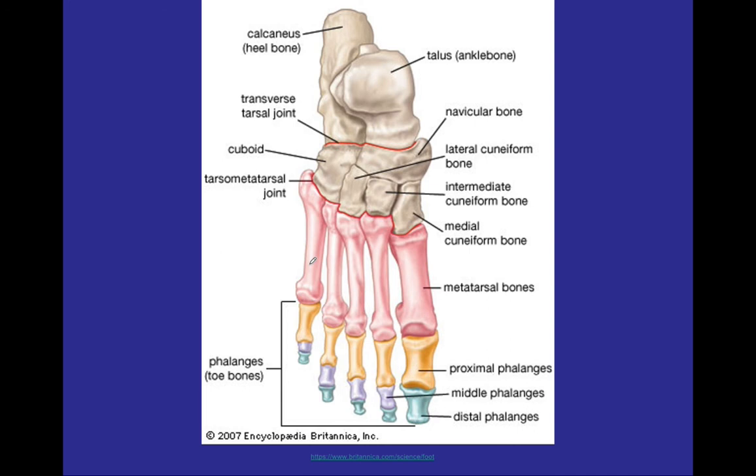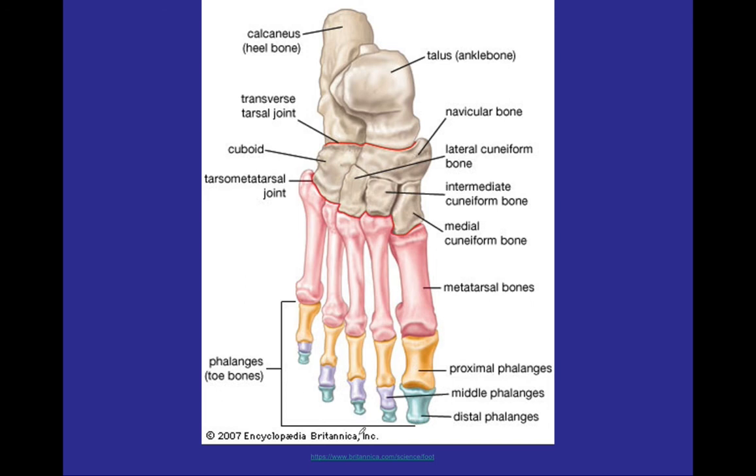We have the same system here as we had in the hand, where the largest of the metacarpals was found in the thumb, and we called that metacarpal 1, and we worked our way over to the smallest of the metacarpals, which was metacarpal 5, giving rise to the pinky. Here we have the largest metatarsal, giving rise to the great toe, and all the way down moves its way to the metatarsal 5, where we'll have the little toe.